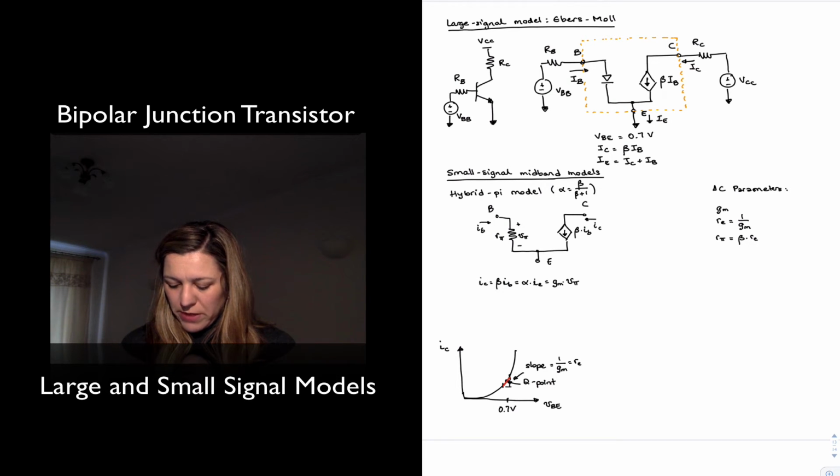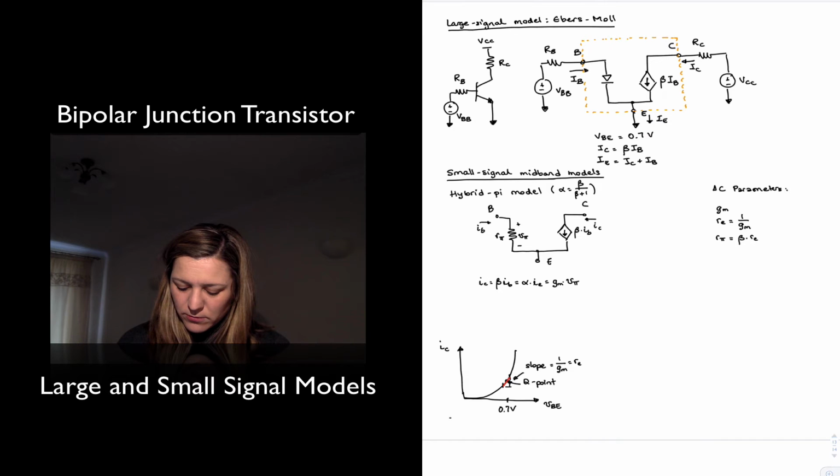Let's see if we can do some math here. So we have our expression for the collector current. I'm going to talk about large signal now, so let's just talk about the DC value. We know there is an exponential relationship between the collector current and VBE.